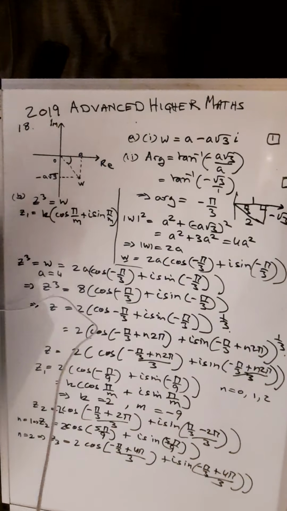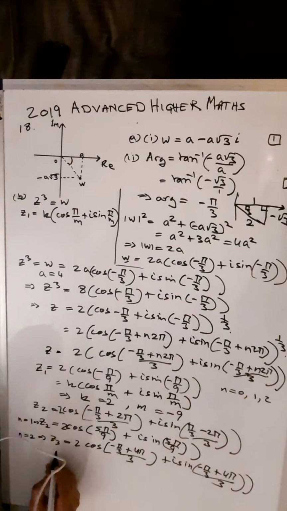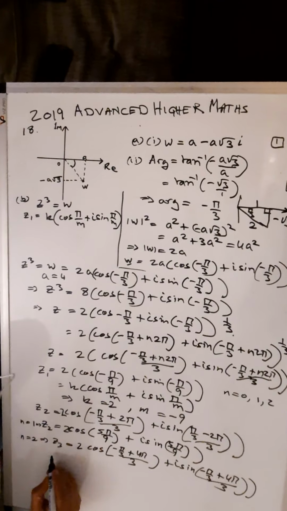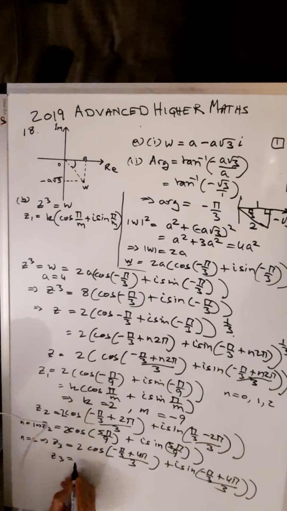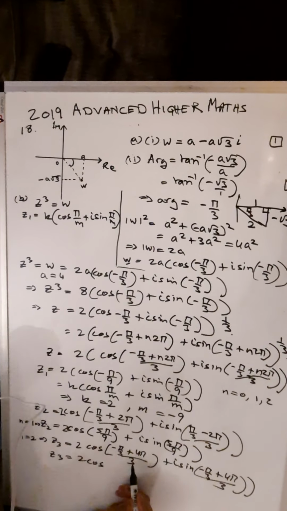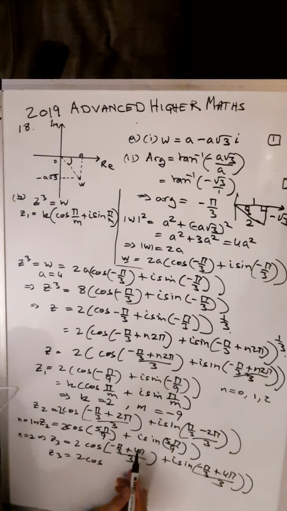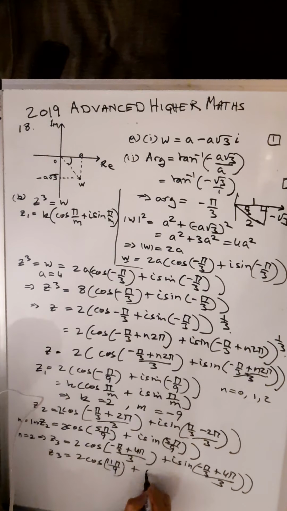What does that give you? That gives you Z3 is equal to 2 cos. So this is going to give you 12, 3 times 4 is 12. 12 pi by 9 minus pi by 9 gives you 11 pi by 9 plus i sine 11 pi by 9.